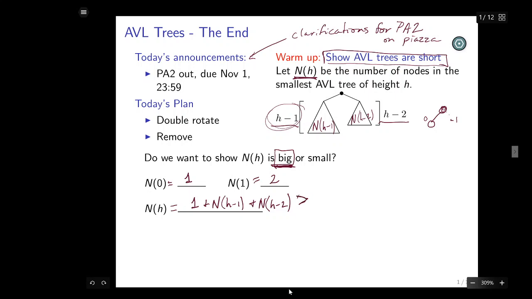What is this greater than that would still give you the same feeling, but not be so precise? 1 plus n of h-1 plus n of h-2. It's a complicated recurrence relation. We're saving that for the homework. For the talk here, all we need is an approximation to show that the height is small. So what kind of approximation do you want to use?